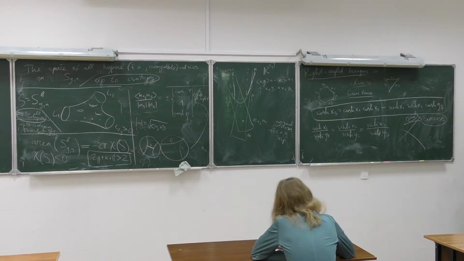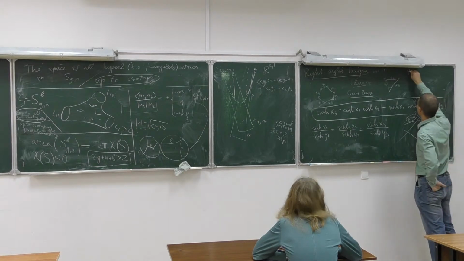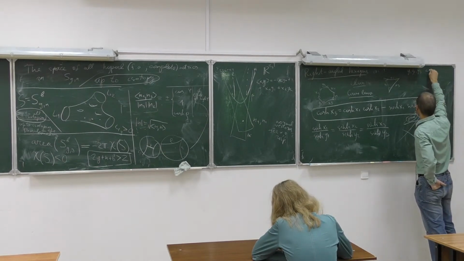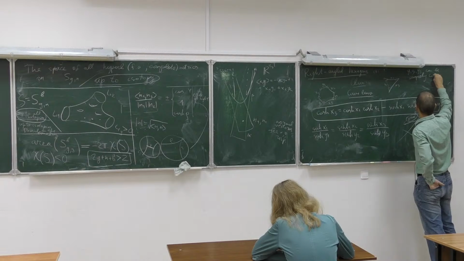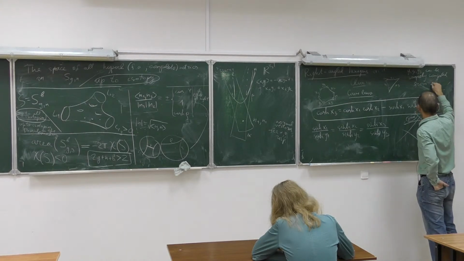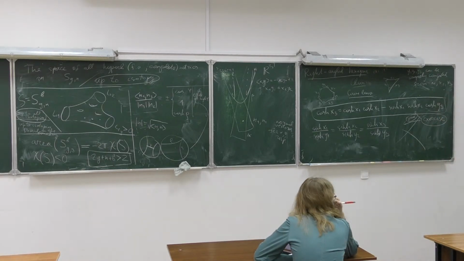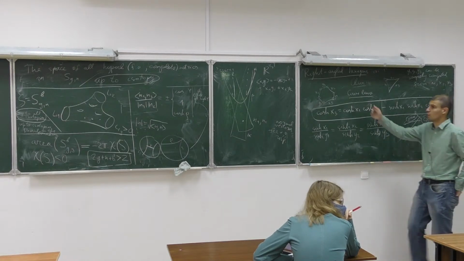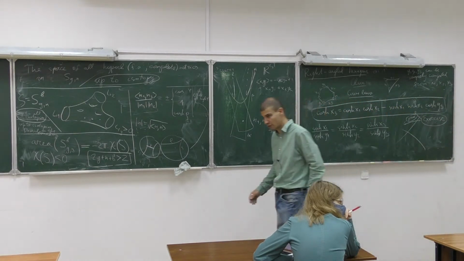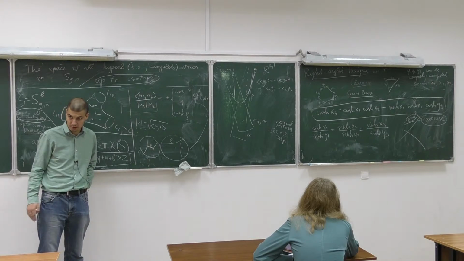If we look at them, we understand that y1, y2, and y3 can be uniquely computed from x1, x2, and x3. So if we have positive x1, x2, and x3, then there is only one right-angled hexagon with the prescribed sides. But a good question is, does it always exist?